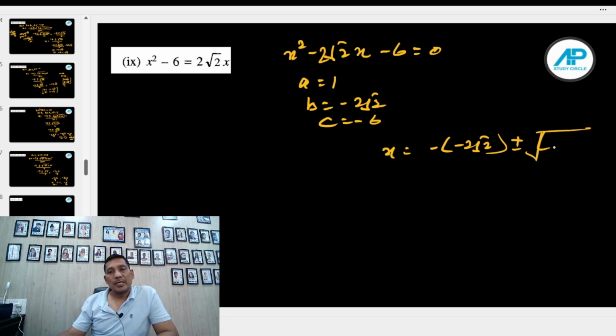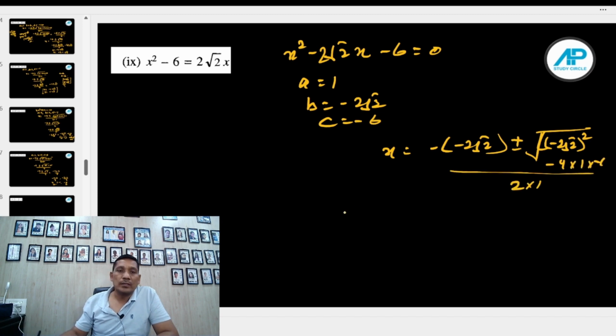Minus b plus minus root of b square minus 4ac. So square of 2 root 2 minus 4 into 1 into minus 6 upon 2 into 1. So x equals 2 root 2 plus minus root of 8, plus, what is this, 4 into 1 into minus 6, so it becomes plus 24.